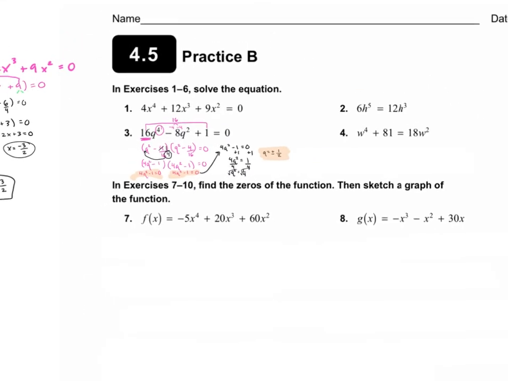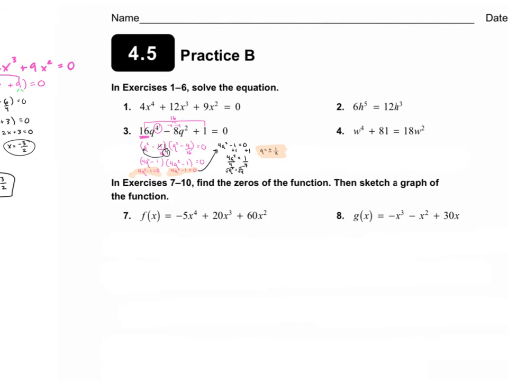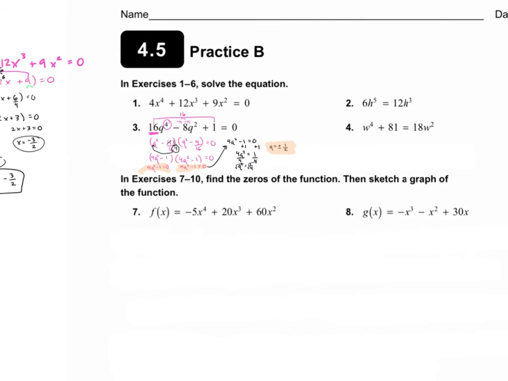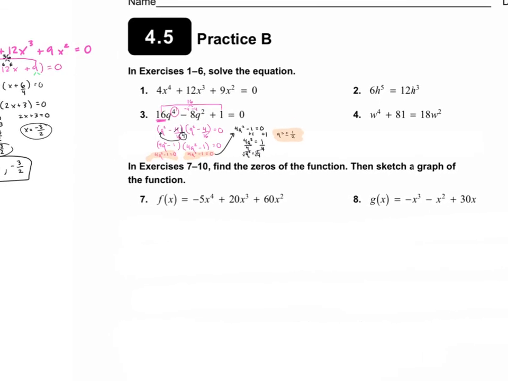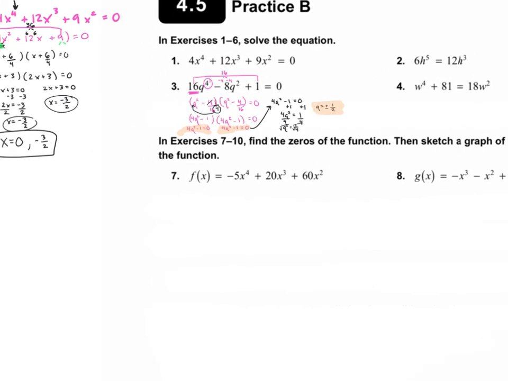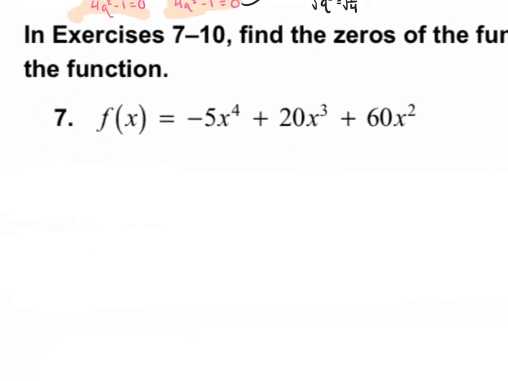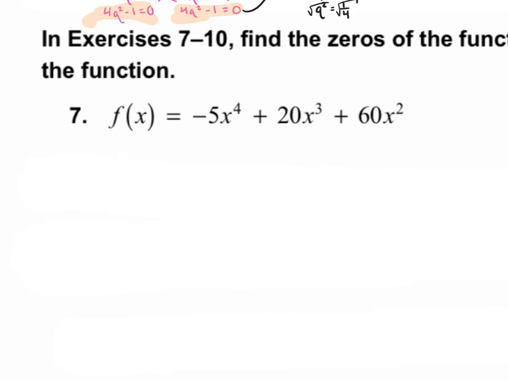Alright, let's look at number 7. Find the zeros of the function, then sketch a graph of the function. So first thing, let's find the zeros. What should we do first? Awesome.